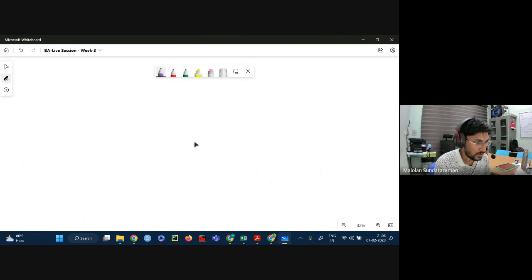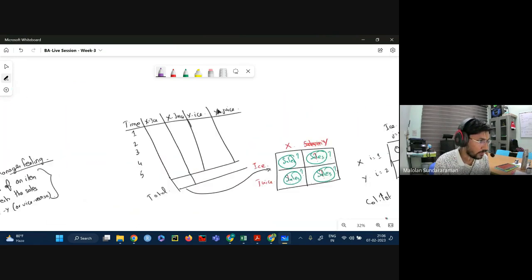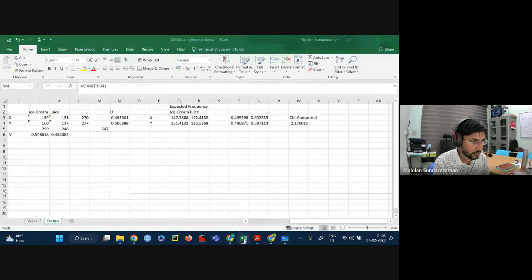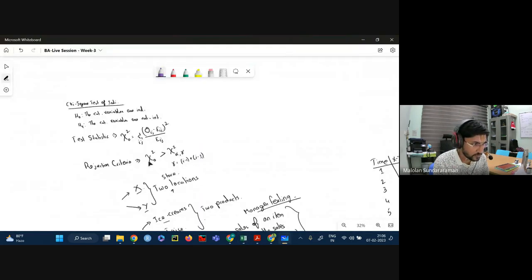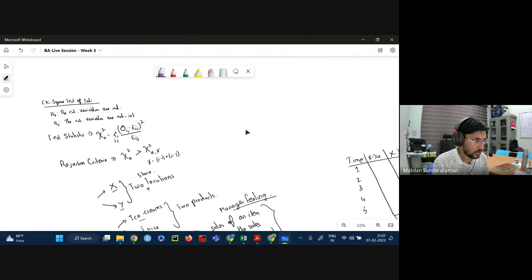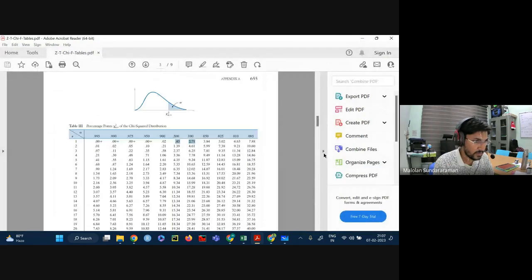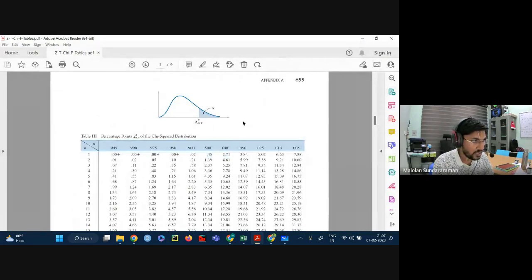Now the question comes. Let's go back to the original one. Our chi-squared value, the one that we computed, which is 2.17, should be greater than our tabulated value. So how to get a tabulated value? You will have to use a chi-squared table like this. In this table, we will have to locate our degrees of freedom.